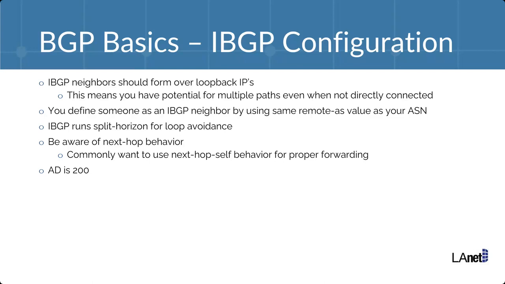So I've got a little simple network. R1 is running both EBGP and IBGP. It's EBGP to R3, IBGP to R2. We can see that with show run. You can see his autonomous system is 77. Here I've declared a neighbor at autonomous system 77, so you know that's an IBGP neighbor, right?